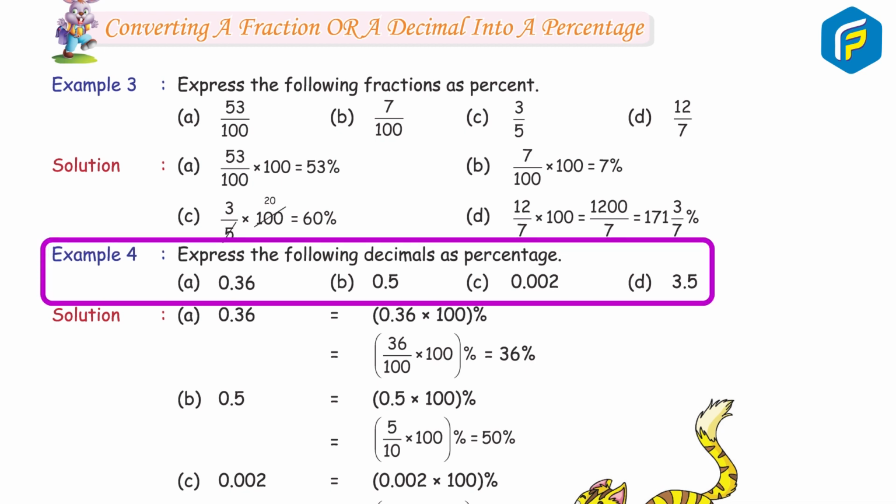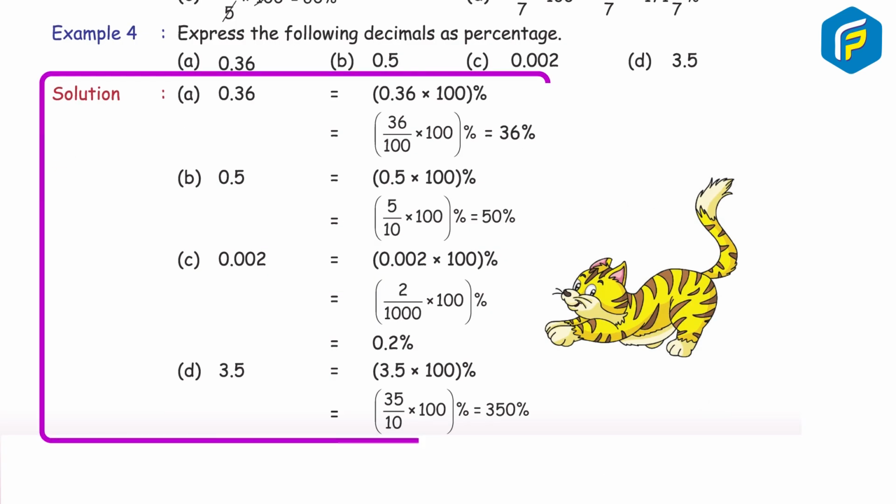Express the following decimals as percentage: A 0.36, B 0.5, C 0.002, D 3.5. Solution: A 0.36 is equal to 0.36 into 100%. 36 upon 100 into 100% is equal to 36%.